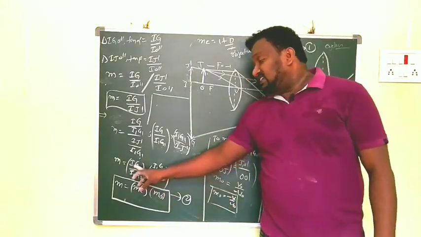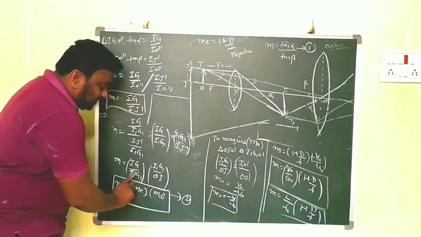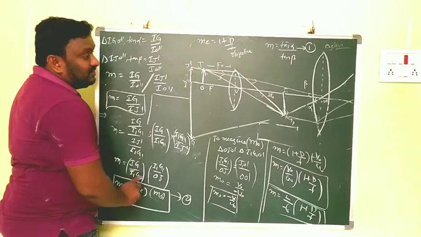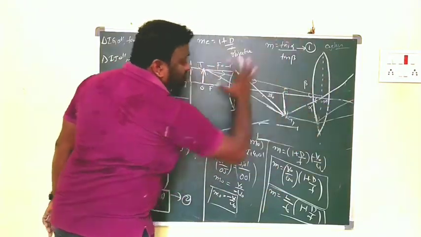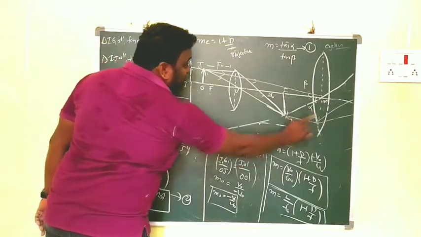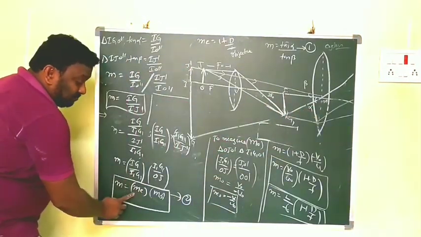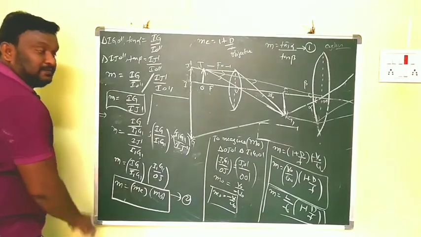So this IC by I1Z1, this I1Z1 belongs to the eye lens. IC is the image of the eye lens and I1Z1 is its object. That's why this is the magnification of the eye lens, that is ME.